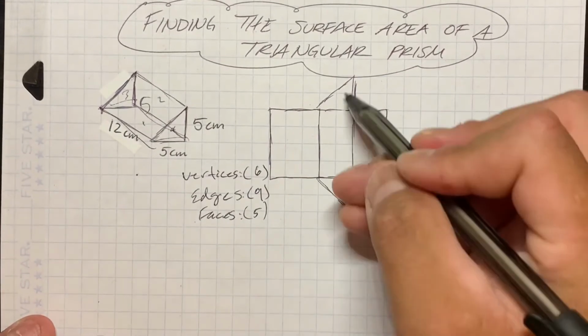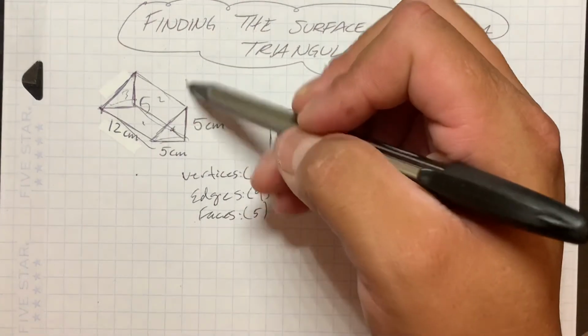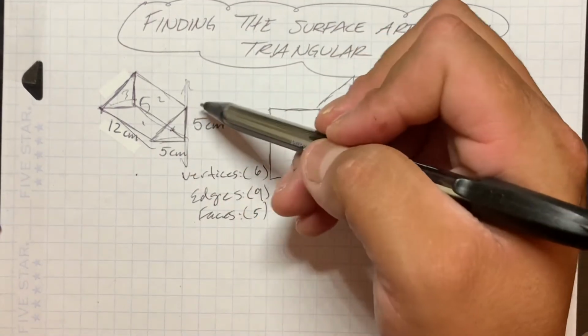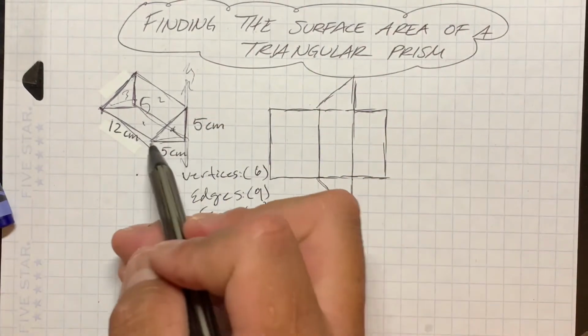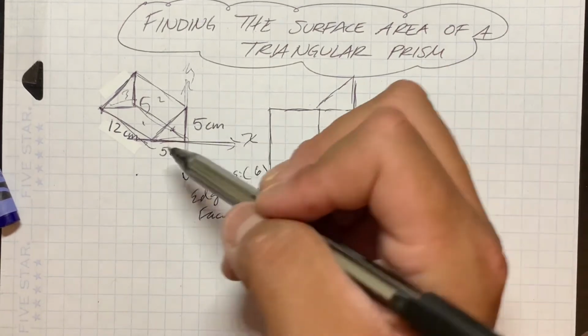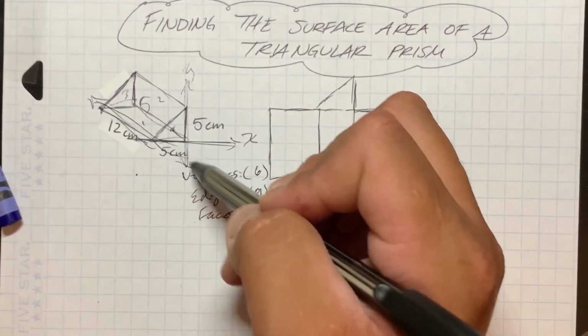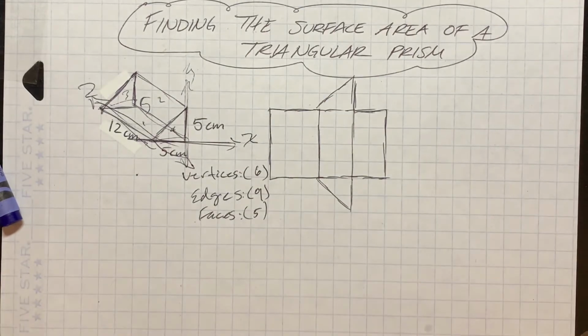All right, we're good to go. Again, you do have a height, that's your y-axis. You do have a width, that is your x-axis. And you do have the depth, the z-axis.